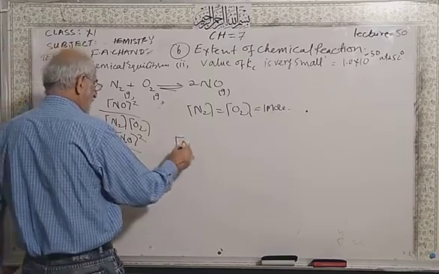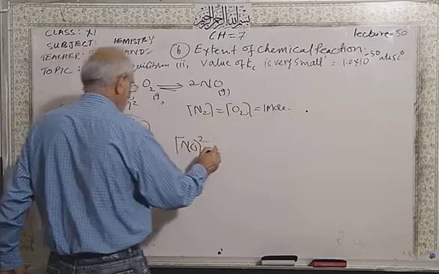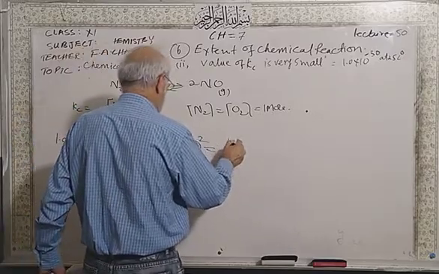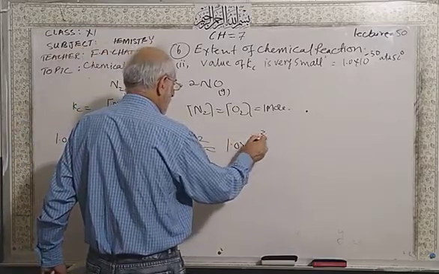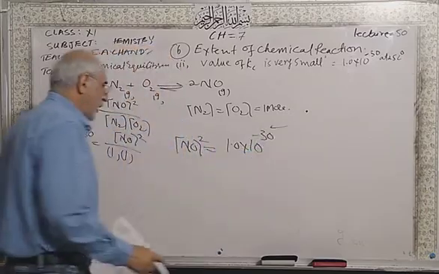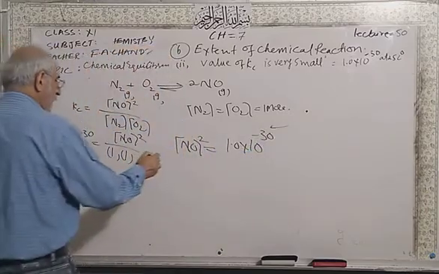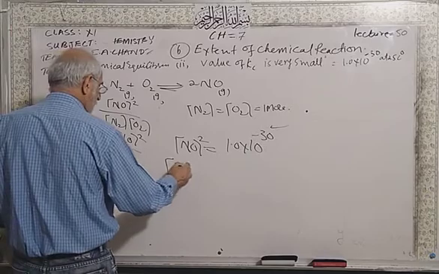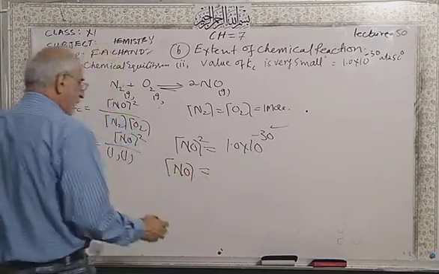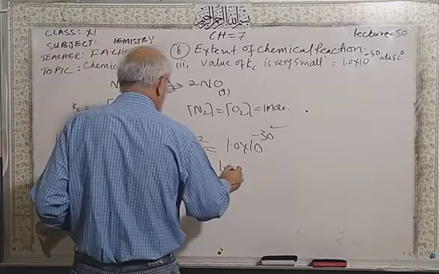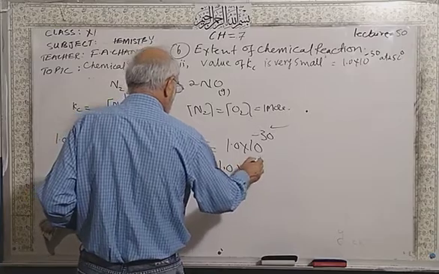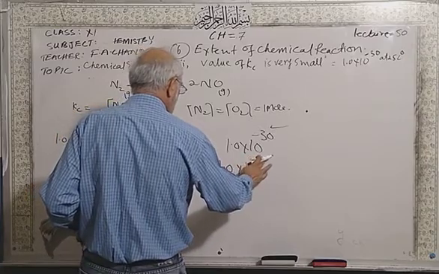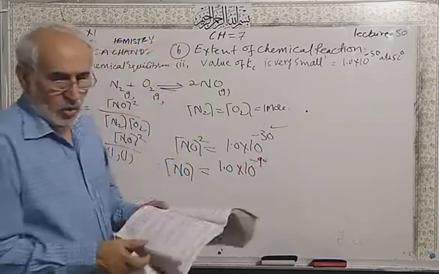So it means that concentration of nitric oxide is equal to 1.0 into 10 to the power minus 30 at 25 degrees centigrade. After taking the square root on both sides, this will be 1.0 into 10 to the power minus 15. Again very low.